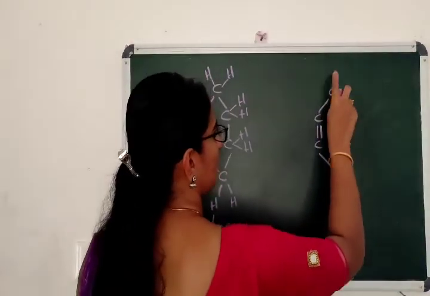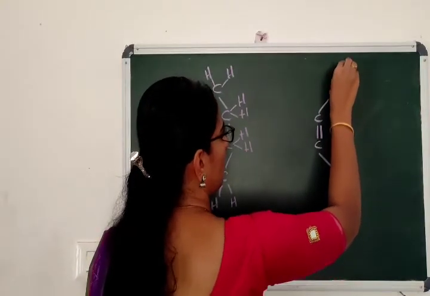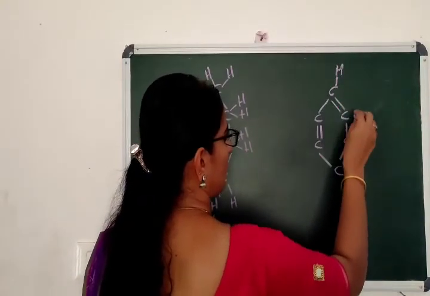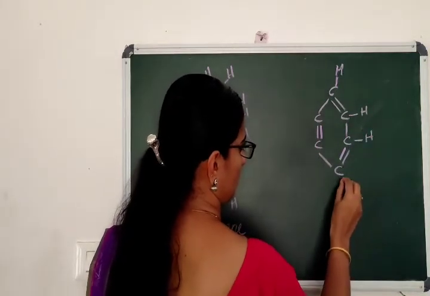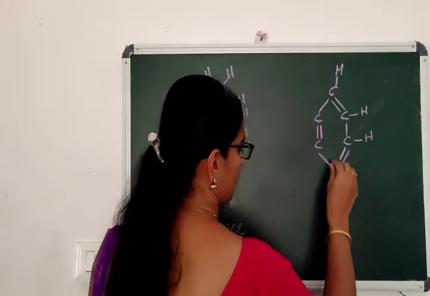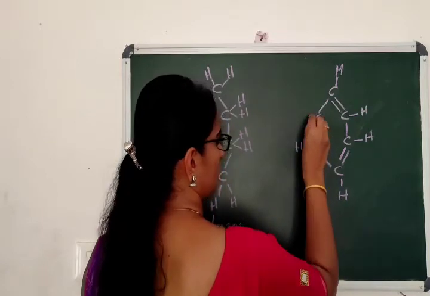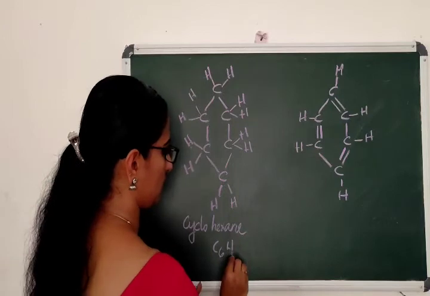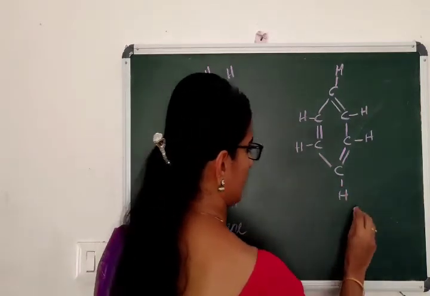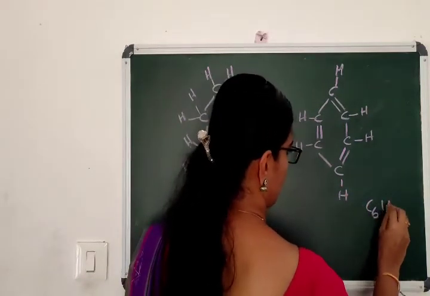How many hydrogen are required for each carbon? Only 1. 3 valencies are already satisfied, so 1 hydrogen is required. This is C6H12 cyclohexane and this is C6H6.